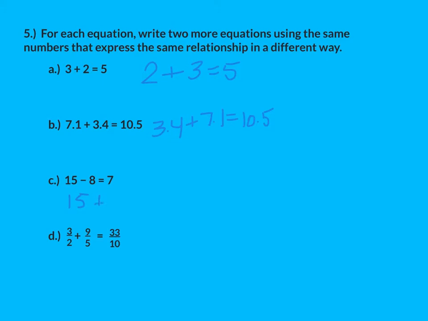So it's stay, change, change. So I change it to an addition problem, and that positive 8 becomes negative 8. So now that it's like that, I can change it, so it'll now say negative 8 plus 15 equals 7. Which we already knew.